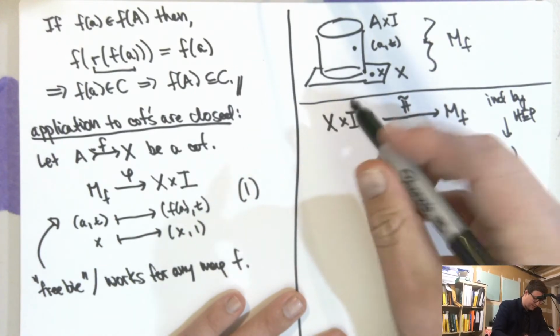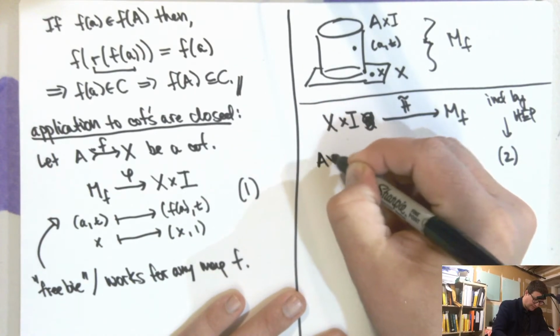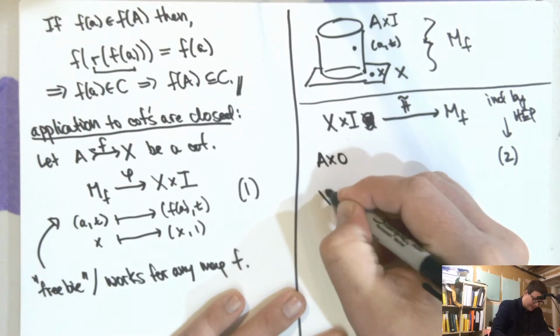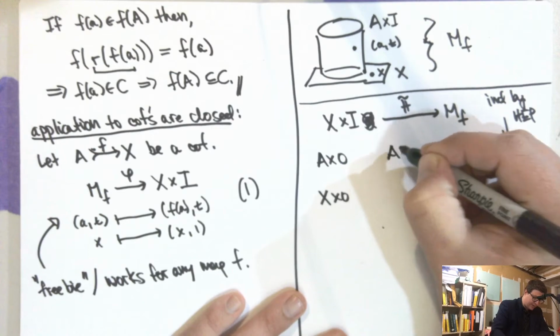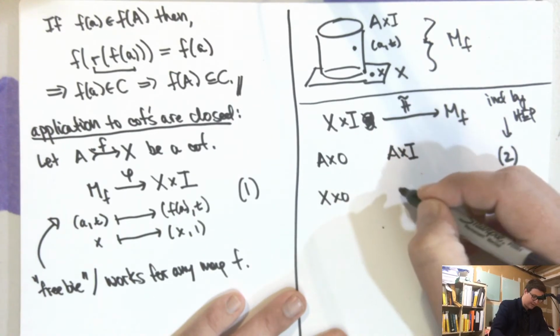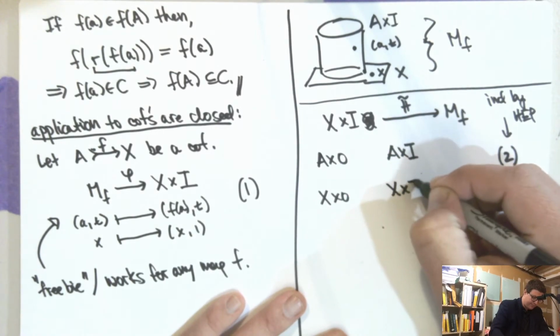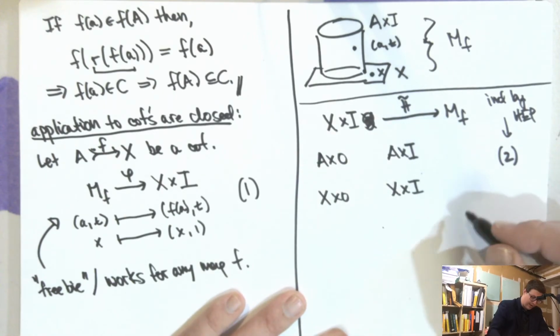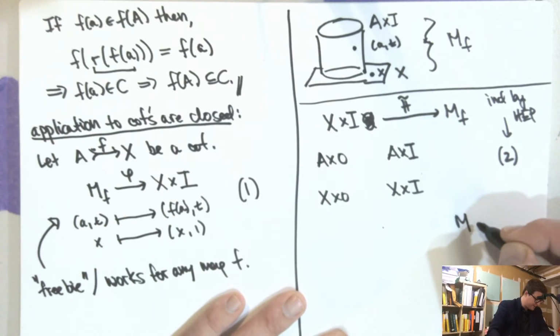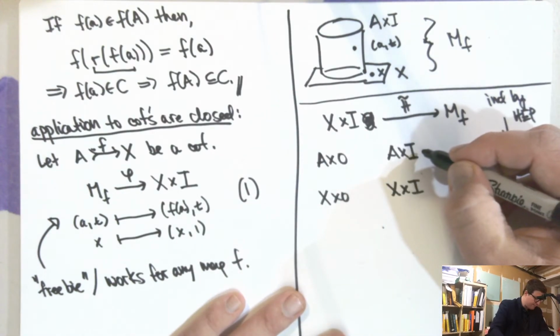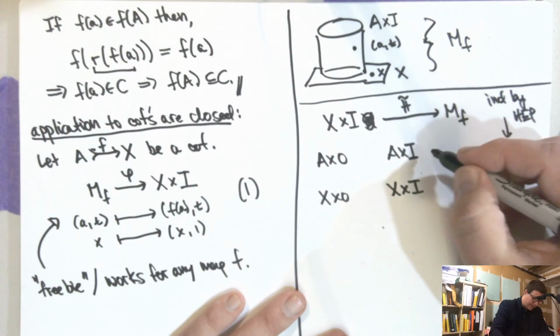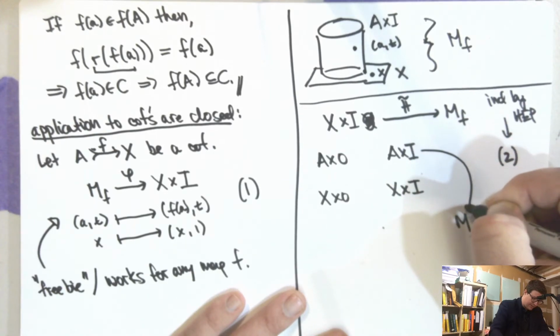So we have A cross 0, and then we have X cross 0, and we have A. This is another way of writing the homotopy extension property, and I think you should check that this is the same thing. We have our mapping cylinder here, and this top map just includes into the top of the mapping cylinder.